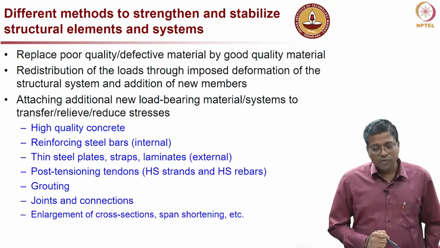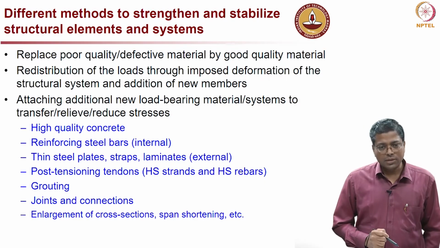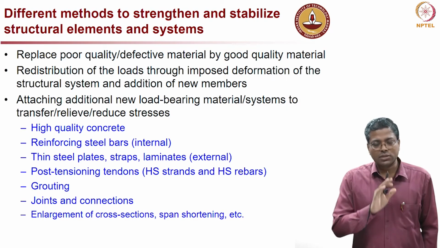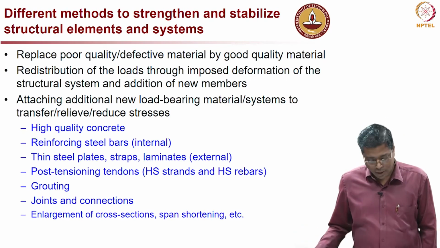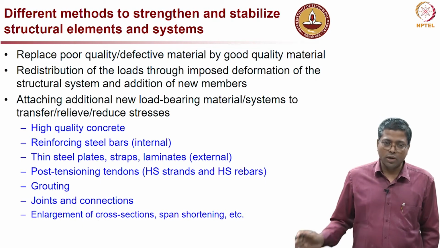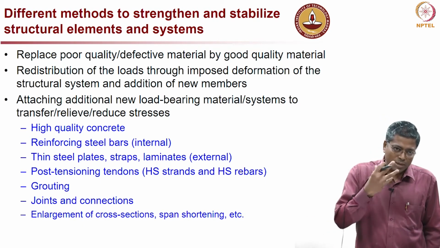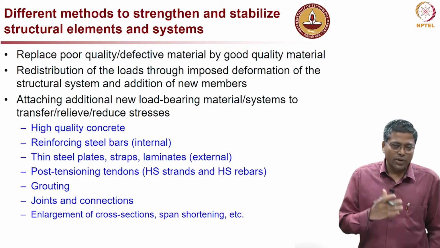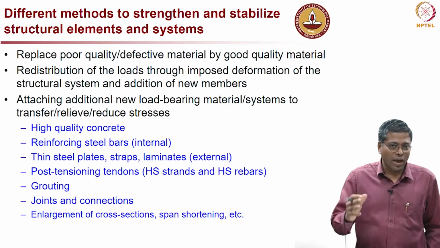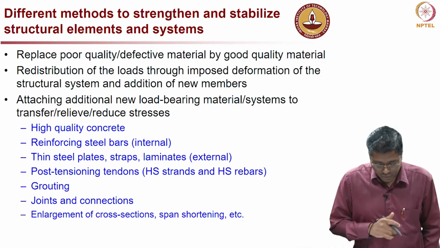Now, different methods to strengthen and stabilize structural elements and systems. One is replace. The first thing to do is replace all that is bad, or replace poor quality or defective material. Poor quality means the material properties are poor, defective means they might have been good in the beginning, but something happened and then it got degraded. Okay.